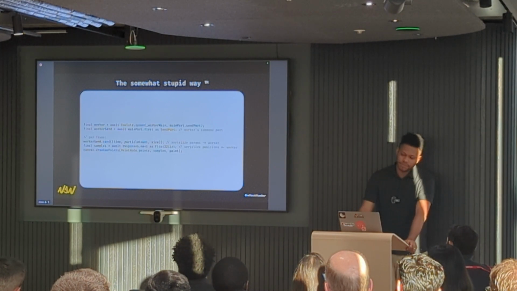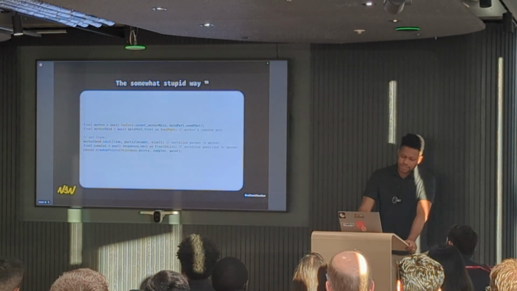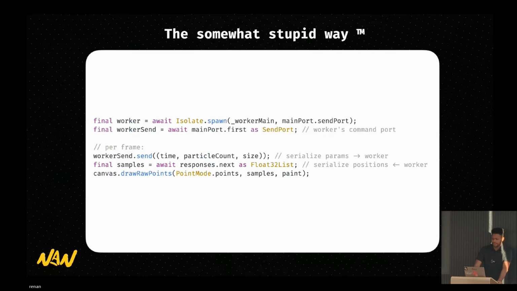And the main isolate would look like this. Per frame, it would send a request to the isolate for an update in the state of the particles, and there will be a result, and the main isolate would then draw the result, which is the Float32List.